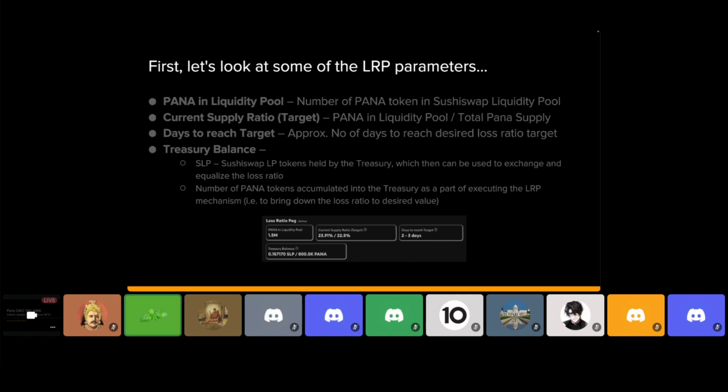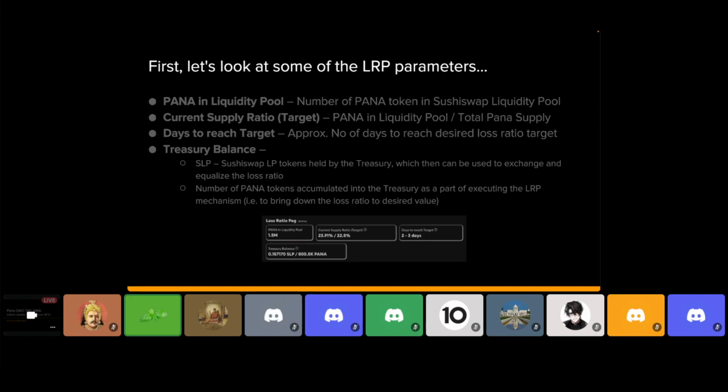As of now, as we discussed in the past, the target is 22.5%.